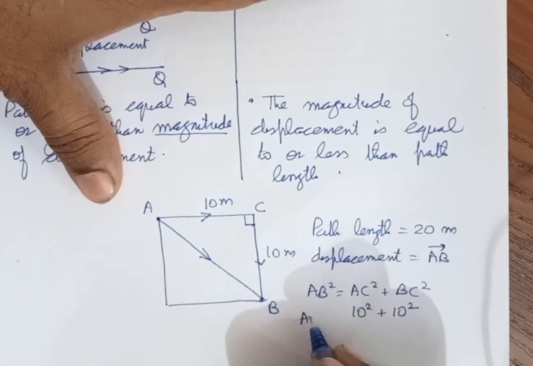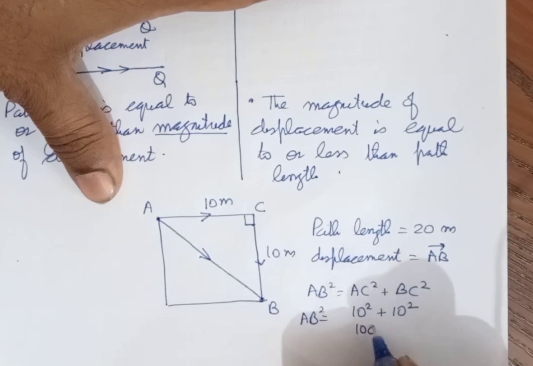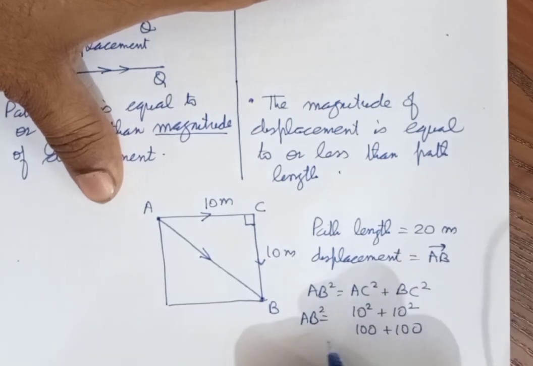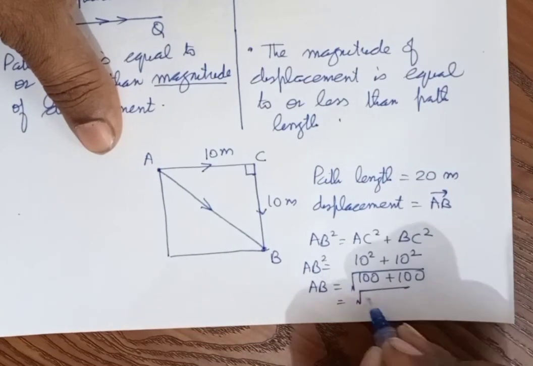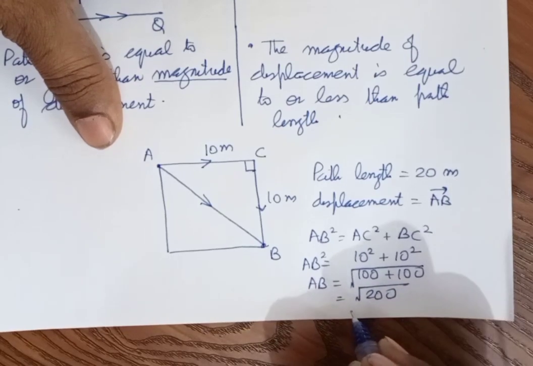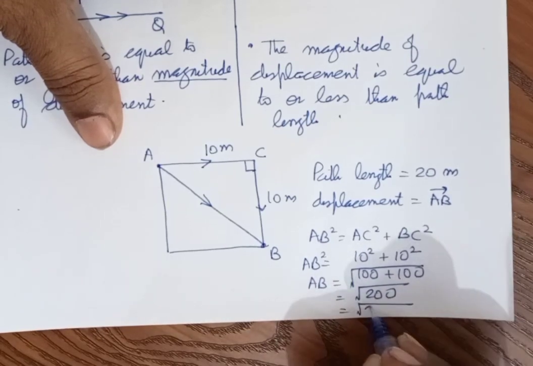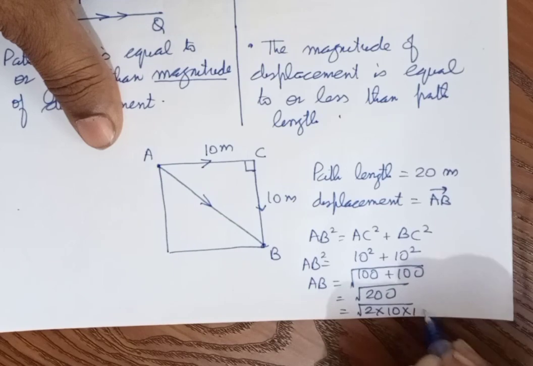Now, what does AB square mean? It is 100 plus 100. Now take the root of 100 plus 100, so it is root 200. Root 200 means root 2 into 10 into 10.